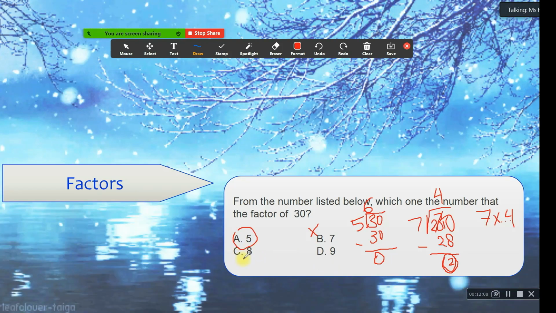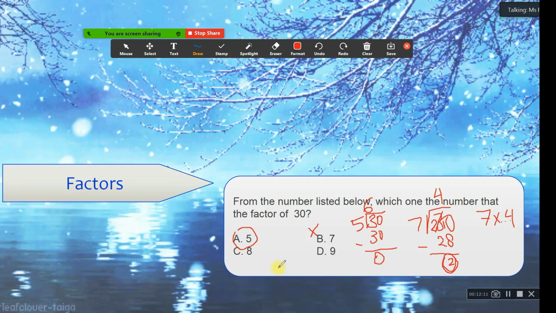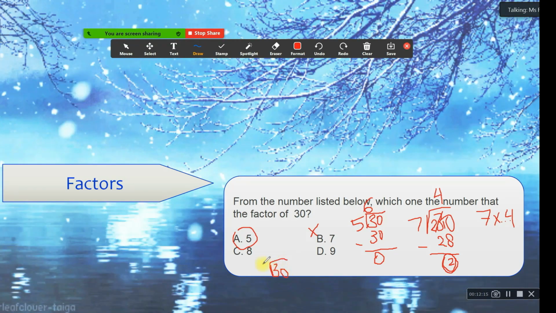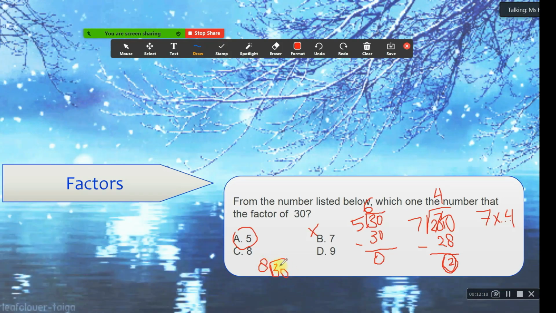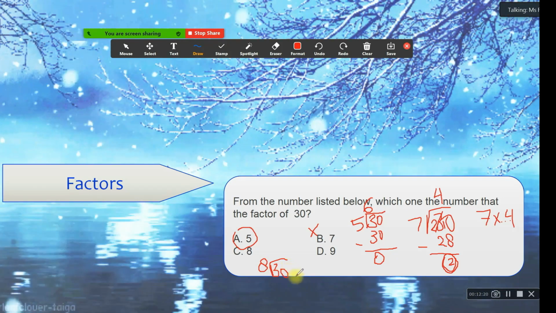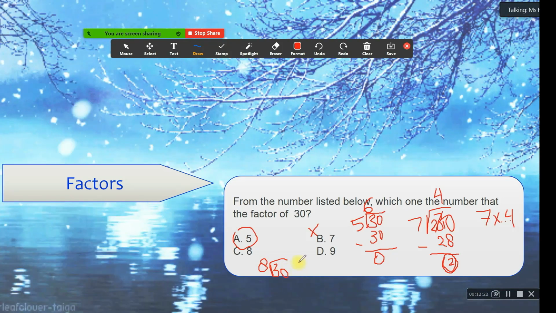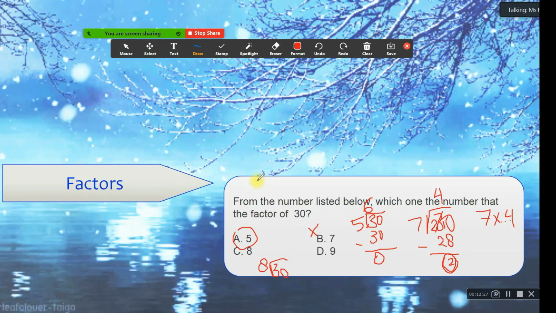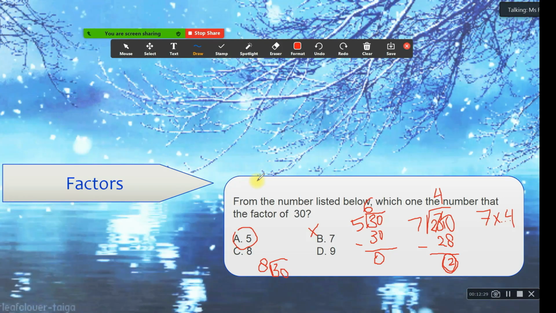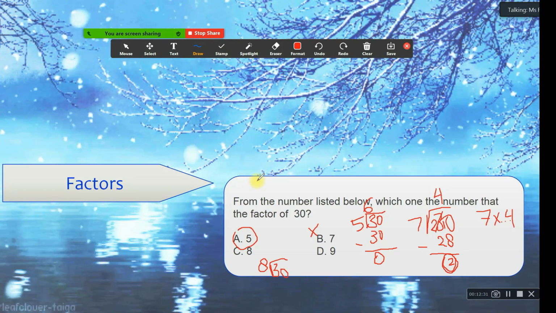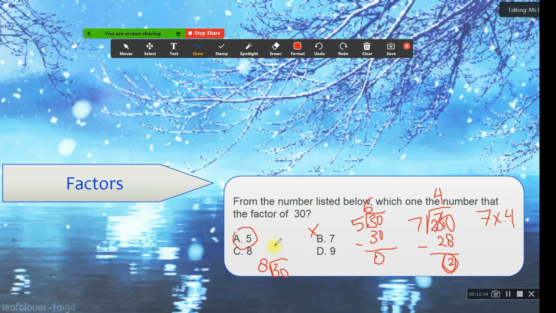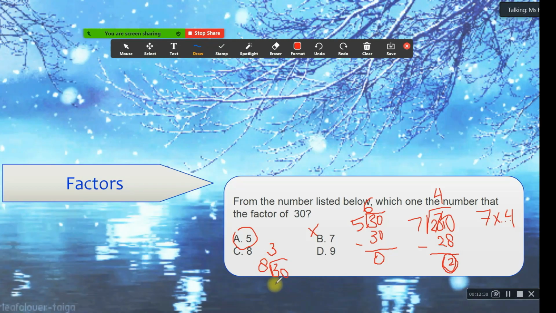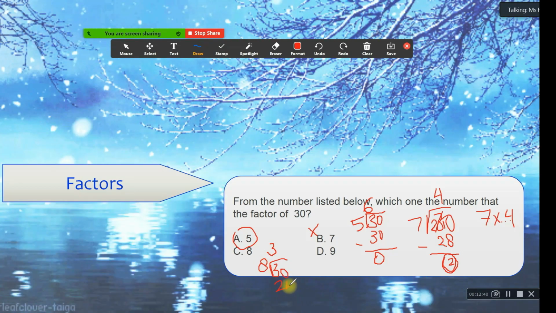And then how about C? 30 divided by 8. How many? 8 times blah blah blah. The result is smaller than 30. 8 times 3, right? 8 times 3 becomes 24.